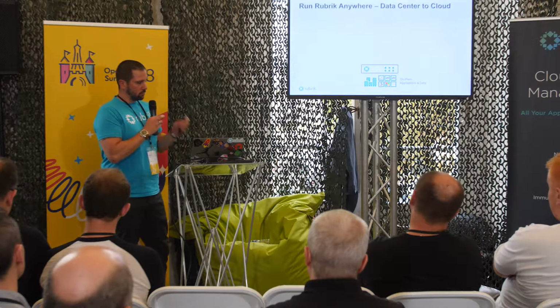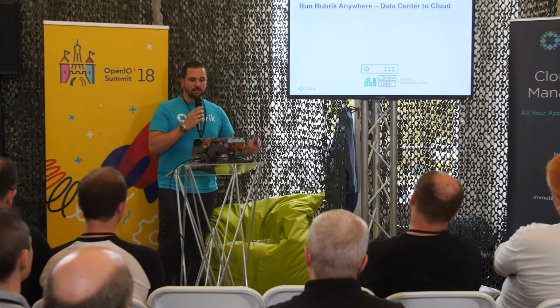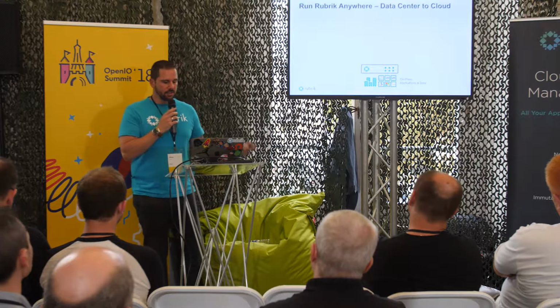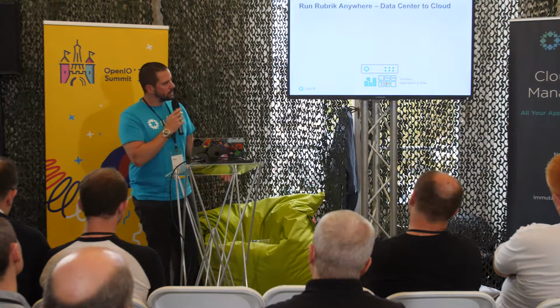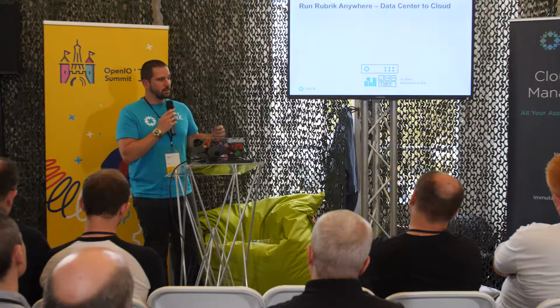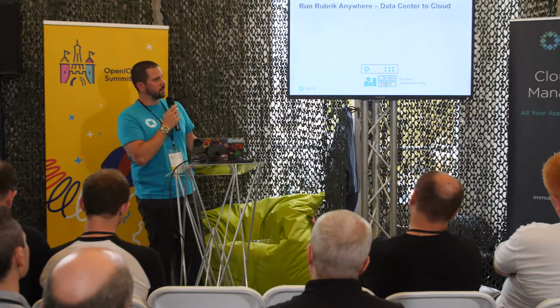So we are talking a lot about cloud. This is a huge thing today, and it comes back a lot in our presentations. But the aim is to work with the different clouds.